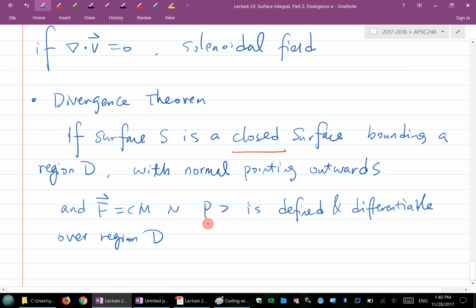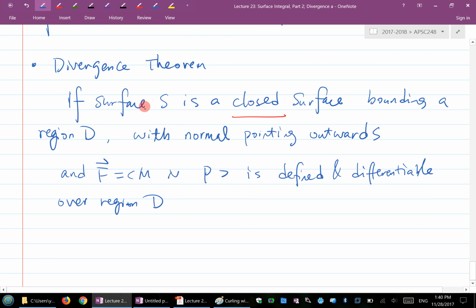After you take a derivative, you plug in the point and you still get a defined value. It's not anything like a jump, right? Good. So those are the conditions for the divergence theorem.